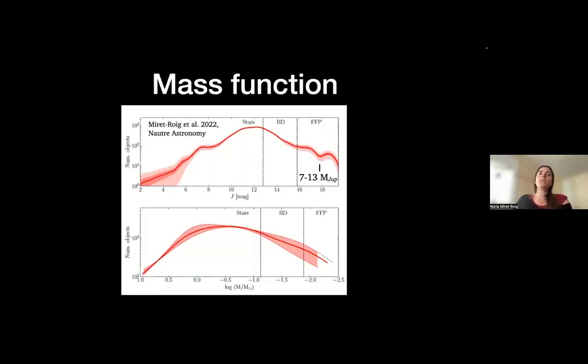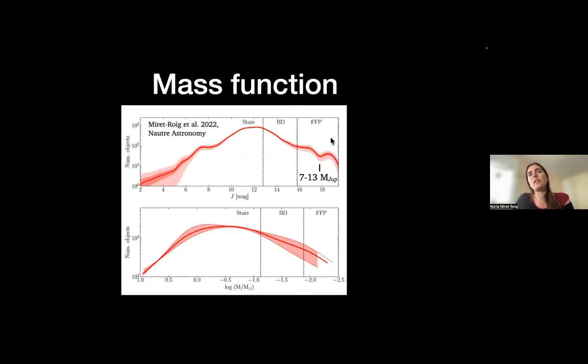Then what we did is we used this large new sample to first obtain the magnitude distribution. And the large size of the sample allowed us to have really small statistical uncertainties in this magnitude distribution. And then we can start to study the details in this function.